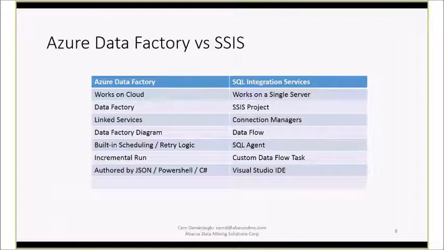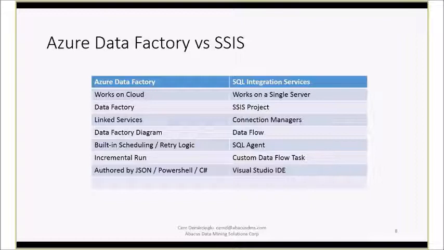one SSIS project. This is another subject that was a little bit hard for me to grasp because I was thinking, oh my gosh, in my SSIS projects, I usually have hundreds of packages. How am I going to put hundreds of things into this diagram? You are going to see how it looks pretty soon. Linked services are connection managers, which I just mentioned. The Data Factory diagram is your data flow tab in SSIS.